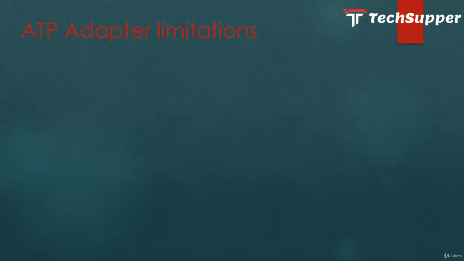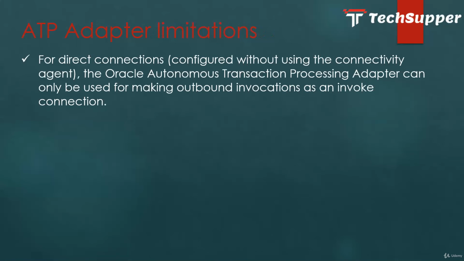So there are limitations associated with the ATP adapter. For direct connection, the Oracle Autonomous Transaction Processing Adapter can only be used for making an outbound invocation as an invoke connection. For example, if you have created an ATP connection with the help of the ATP adapter, and you have not used the connectivity agent, then this ATP adapter can only be used as outbound.